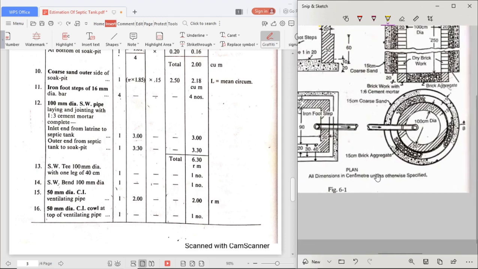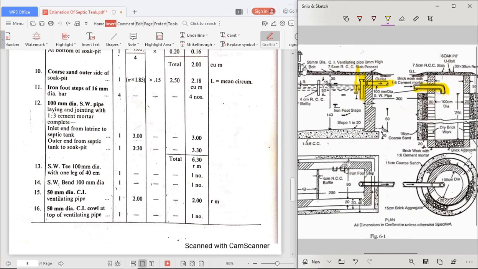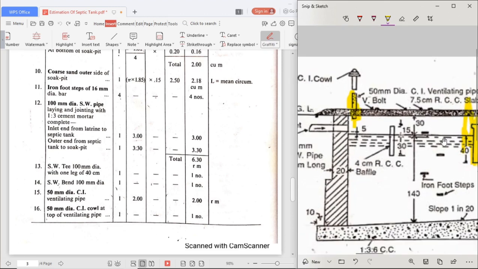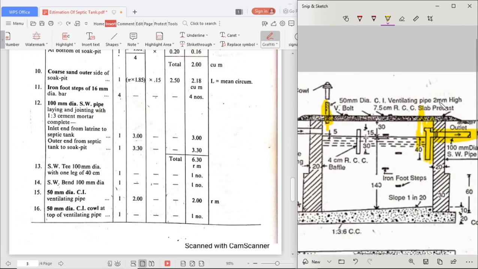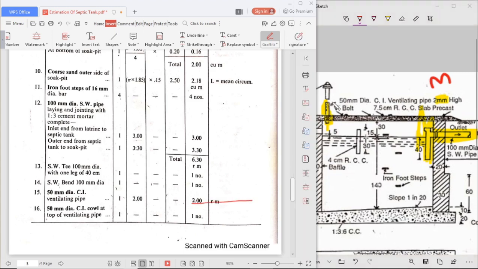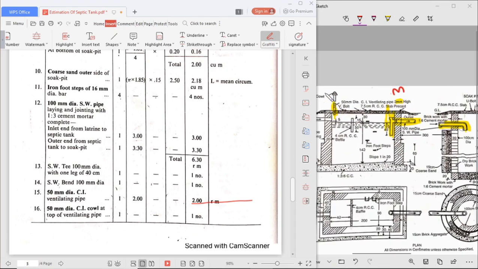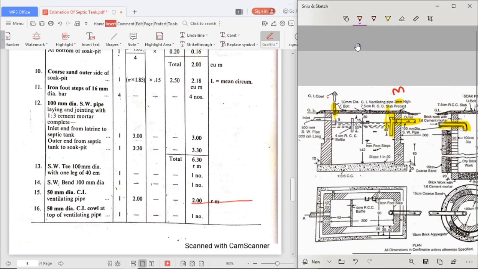Next what we can see here, the ventilator pipe. Here this ventilator pipe, it is also 1. Ventilator pipe is 2 meter height, so one ventilator pipe of 50 dia, 2 meter height, so 2 meter running meter. Then one CI cowl, for the ventilator pipe it is joined with the CI cowl, so it is also 1 number.